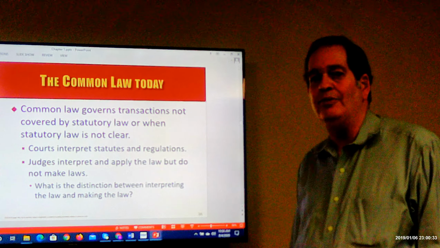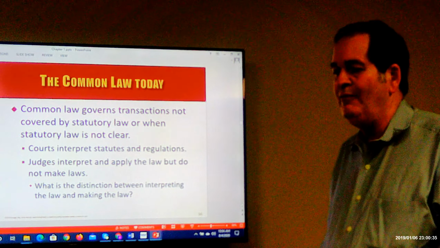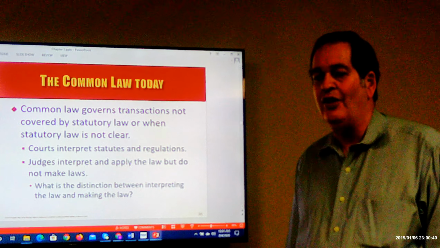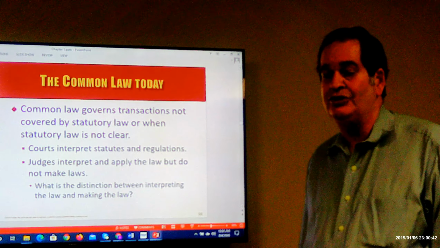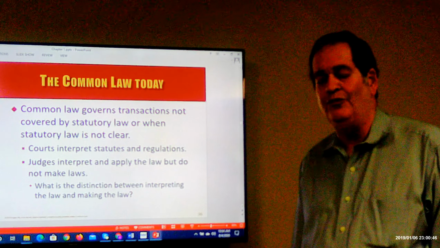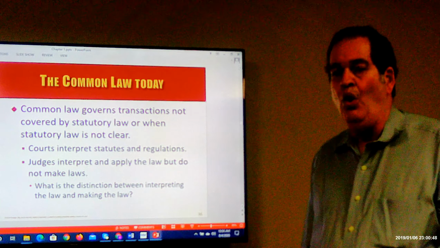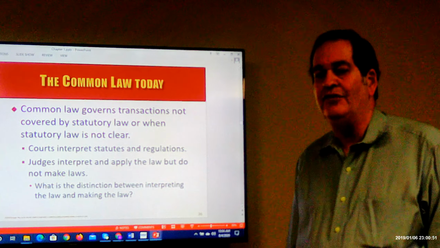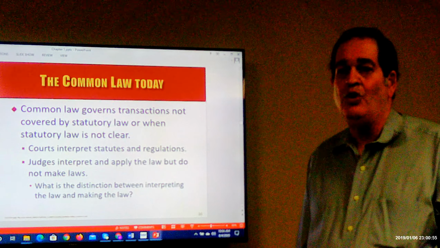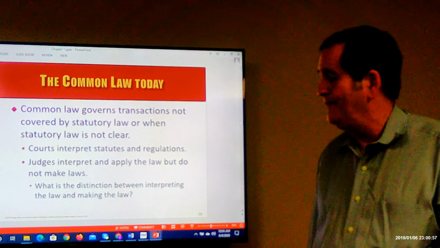So where does the common law come into play? The common law comes into play in modern law when there are no statutes or constitutions to apply because it's a novel case, or a case of what we call first impression, or where the language of the statute or the constitution is not clear and the court has to clarify that language.